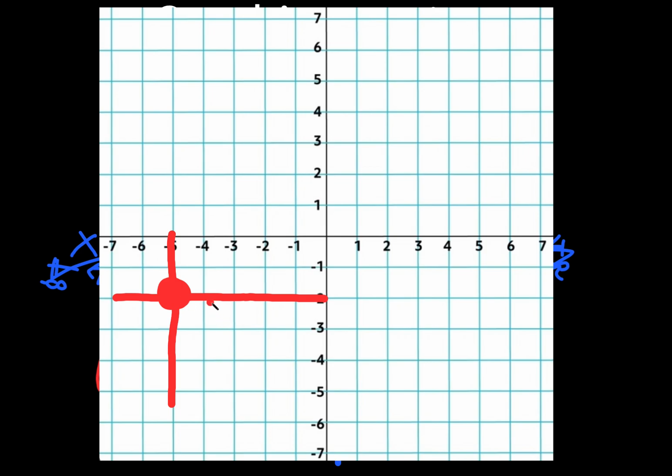So this point right here, I know I've covered it up, but it is -5, -2. And just to reiterate, it is super important that the x coordinate comes first, the horizontal position of the point. Then the y coordinate comes second, how high or low it is.